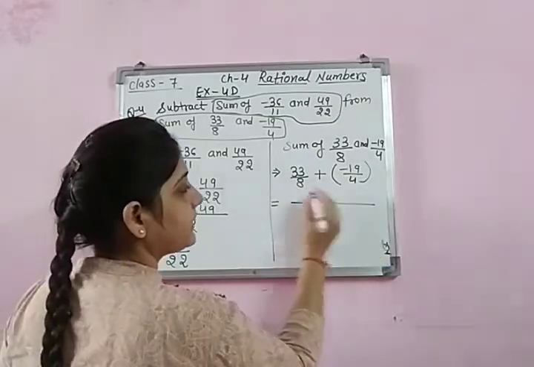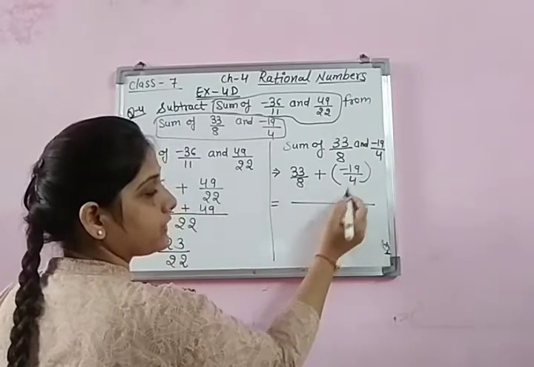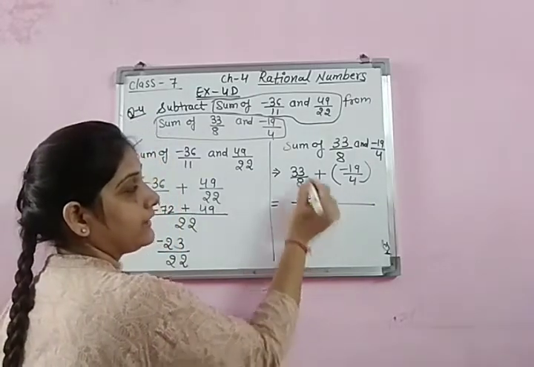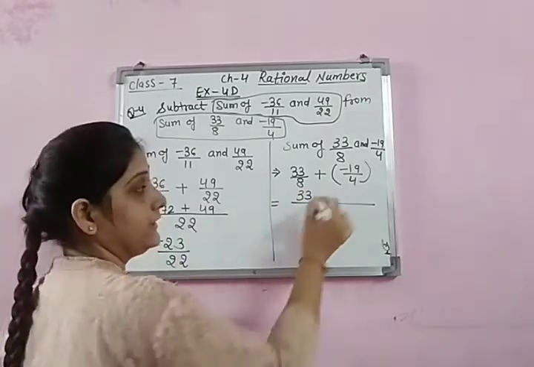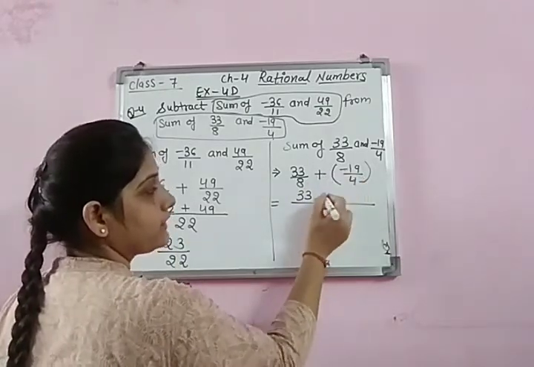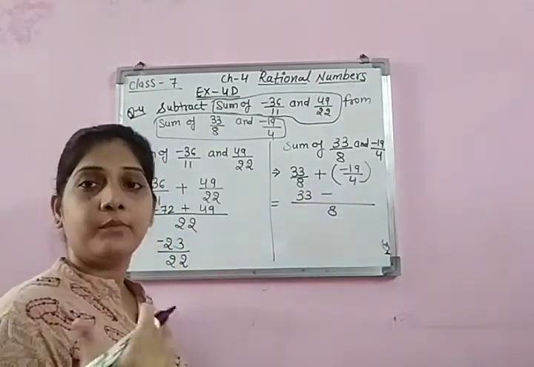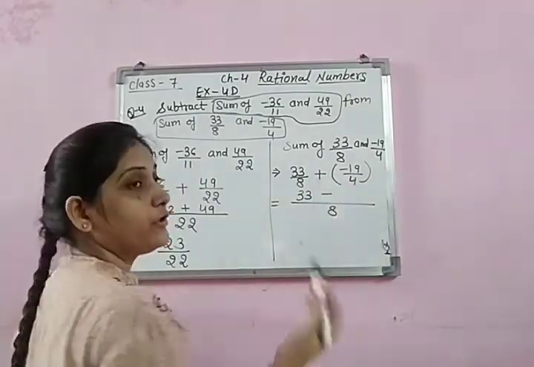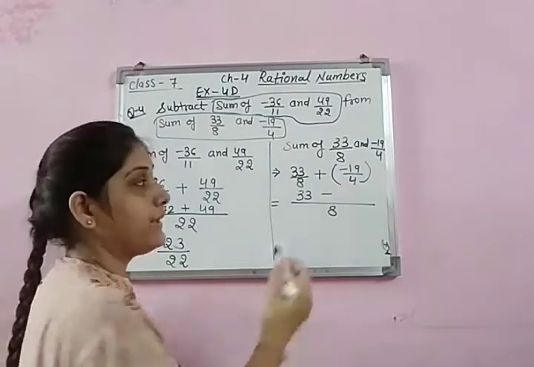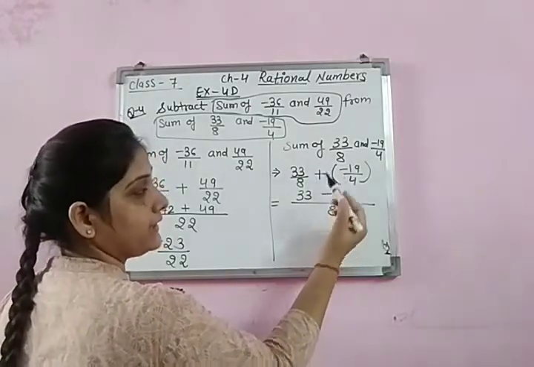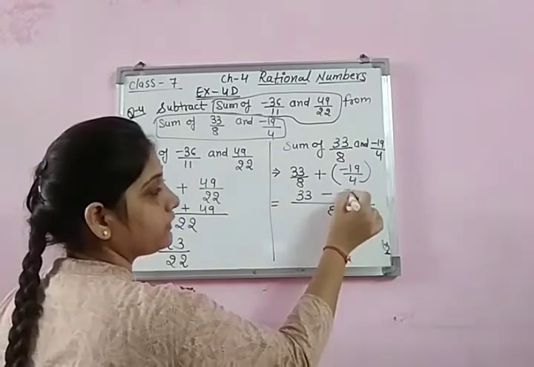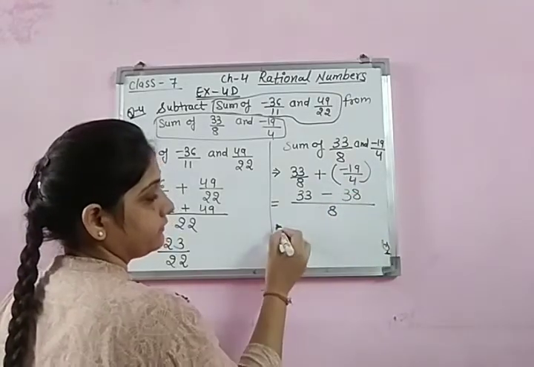Now take the LCM. Both denominators are positive, so 8 will be the LCM. 8 one time, 1 times 33 is 33. And plus minus becomes minus because we are performing multiplication and opening the bracket. When you open the bracket, the signs get multiplied: plus times minus is minus. Now in the table of 4, 8 comes 2 times, and 19 times 2 is 38.